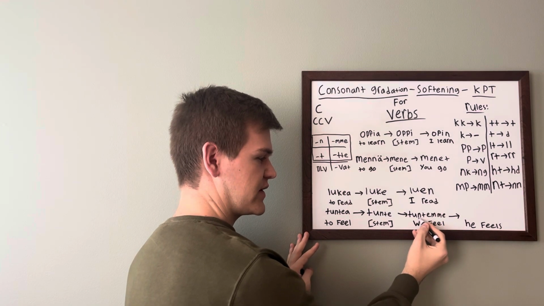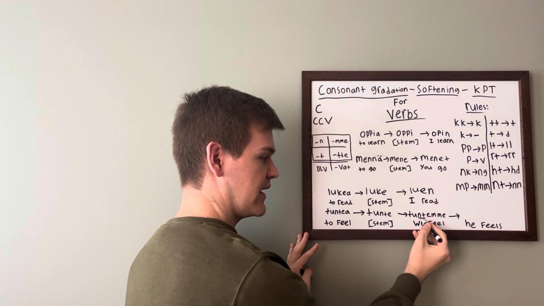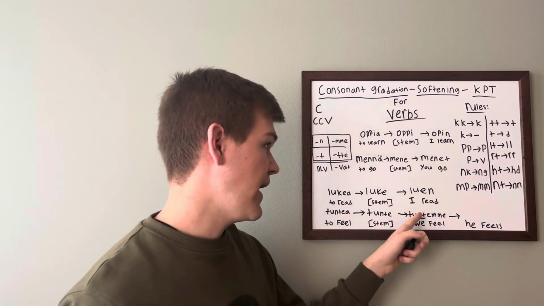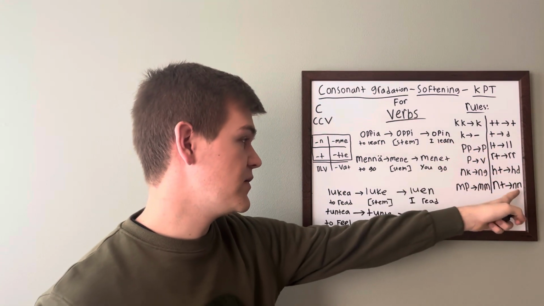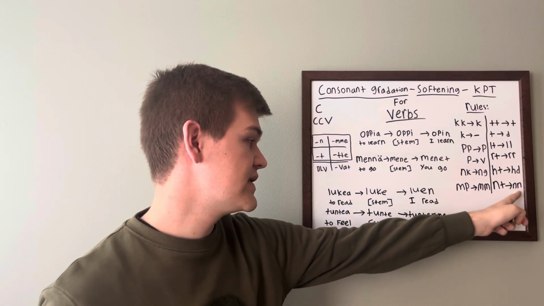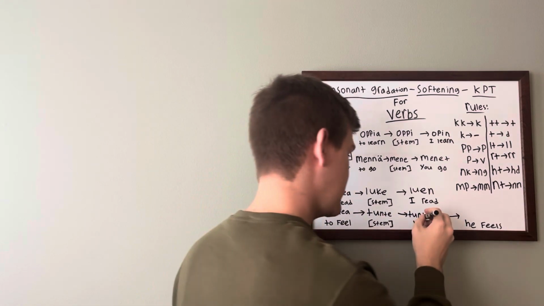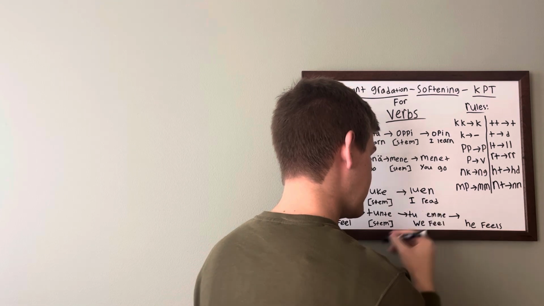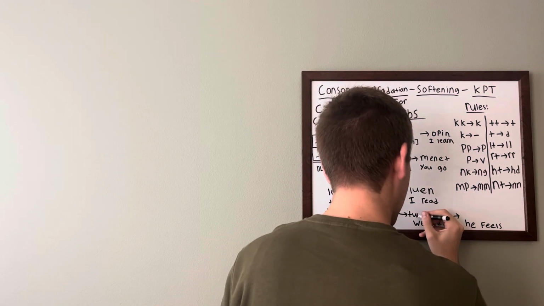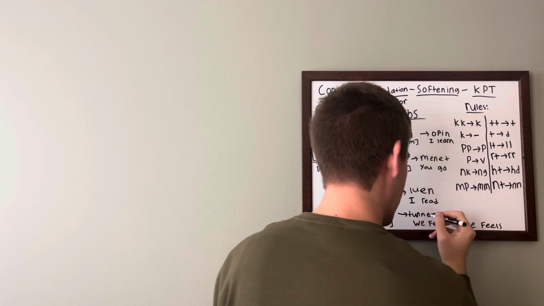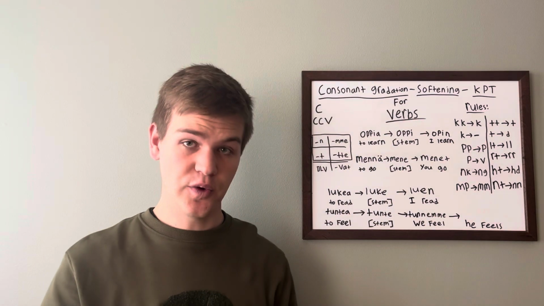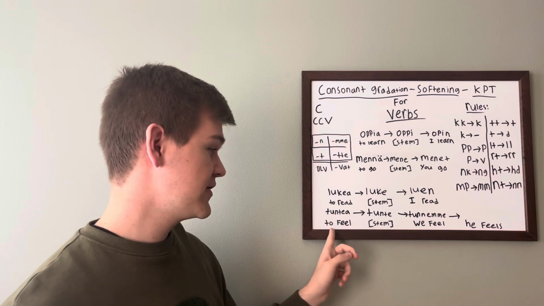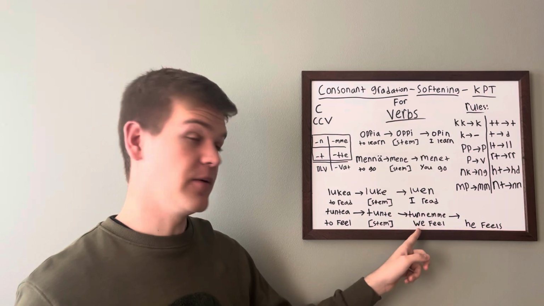We'll go to the first consonants before the ending, which is an NT. NT on the chart goes to NN. NT to NN. So we can replace those two, the NT, with NN, which leaves us with tunnemme. So tuntea, to feel, tunnemme, we feel.